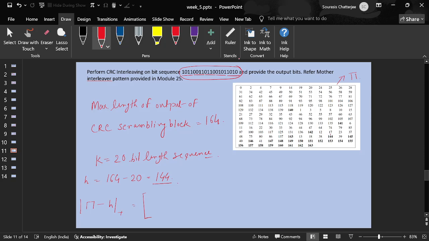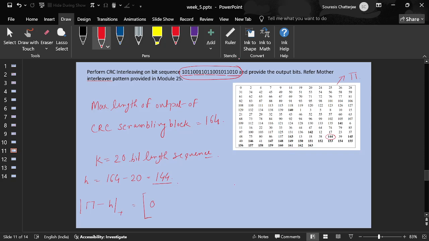This 144, we pick or not? 145. So it is 145. But 144 we can also pick, right? Because it needs to be equal to or greater than, and zero index is fine. Yes.